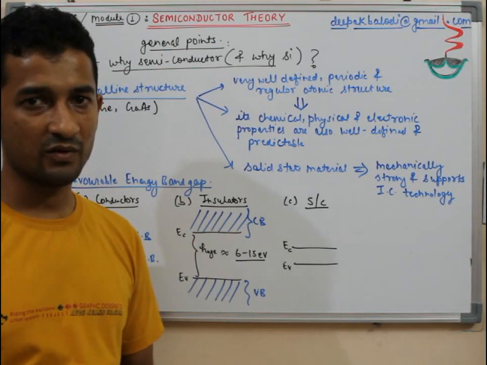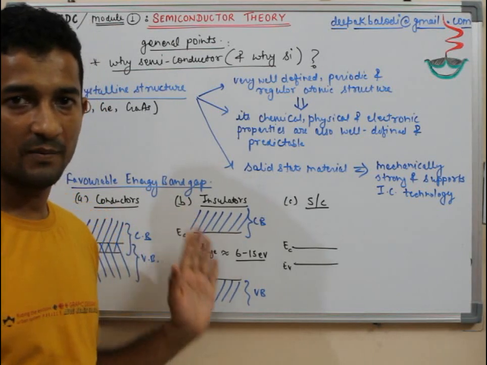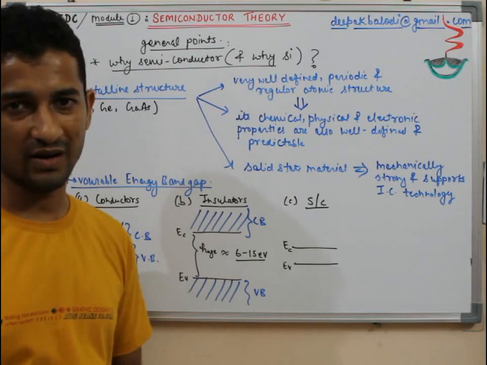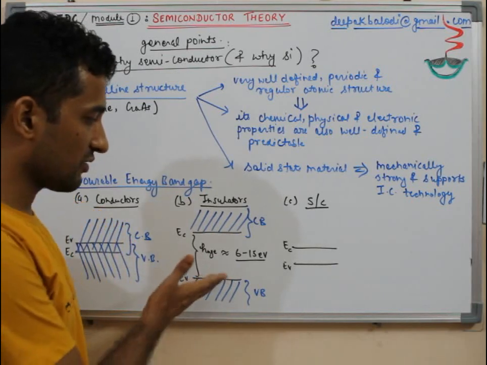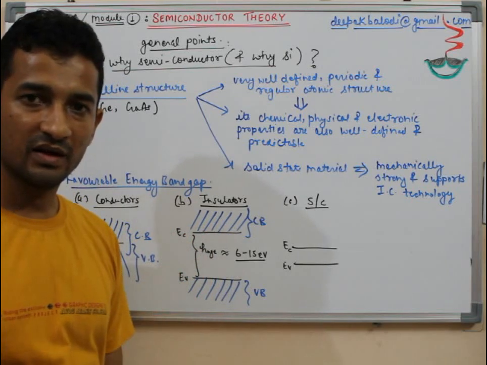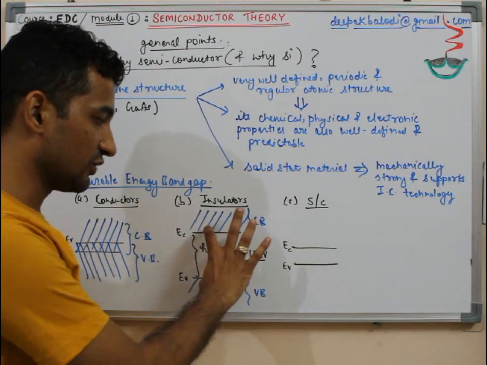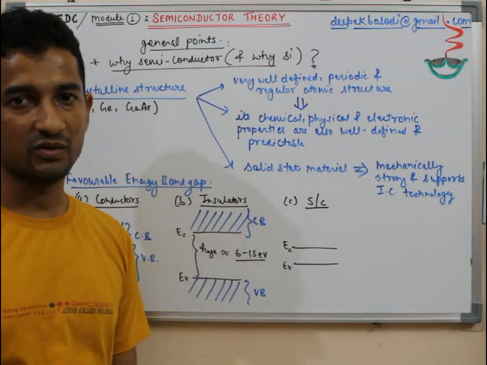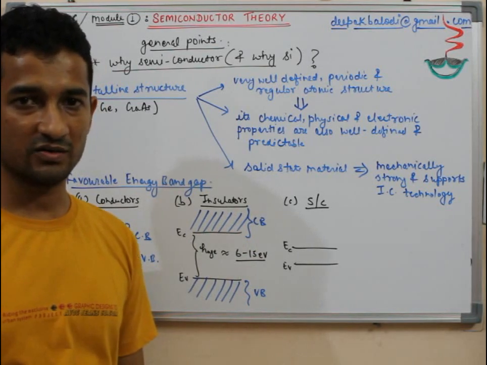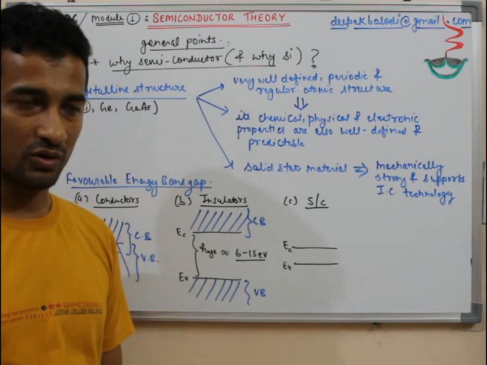Even before the carriers are generated, some material rupturing or material breakdown will happen. Therefore we cannot overcome this band gap. In totality, the bottom line is that this huge band gap of insulators is not easily manageable. It is not easily controlled.